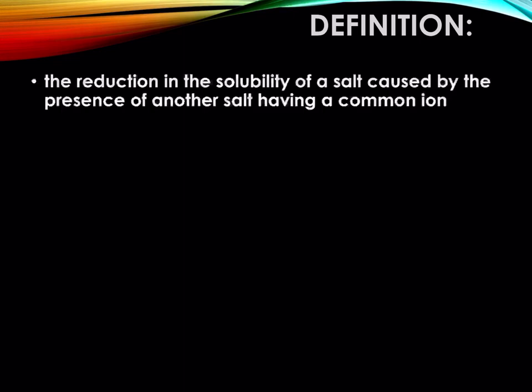It could be, we just did calcium sulfate, so something with calcium, something with sulfate. It has to be the same, because what happens is it basically follows Le Chatelier's principle. You're increasing the concentration of an ion on the product side, and it shifts left, making more precipitate. So again, this is just an application of Le Chatelier's principle.